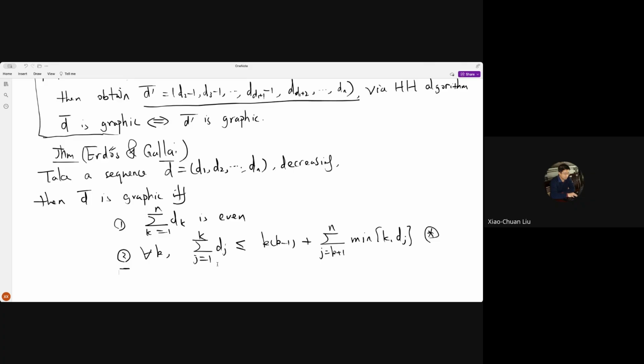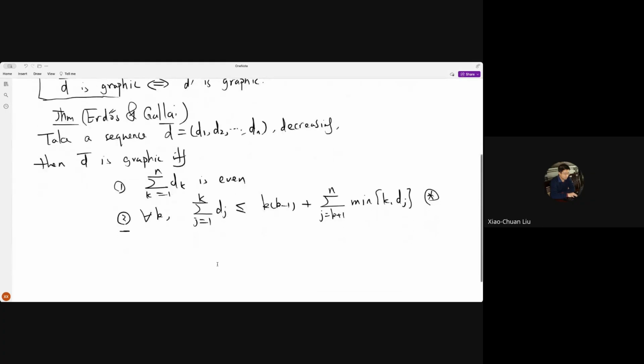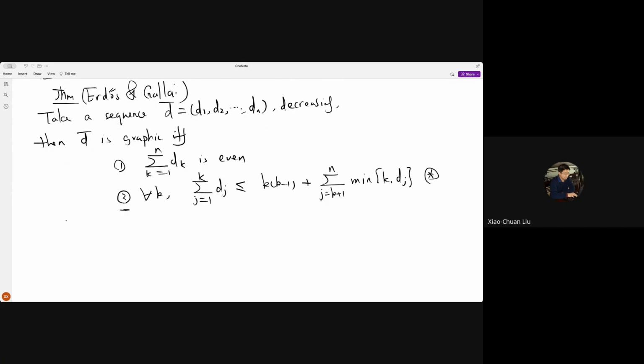The proof of this theorem is more complicated than I thought. The first step is that the key proposition is true. So how do we prove this?